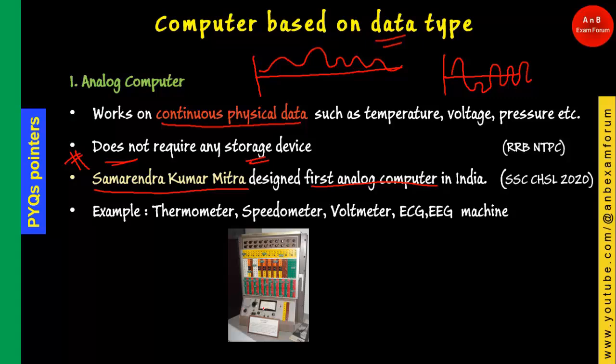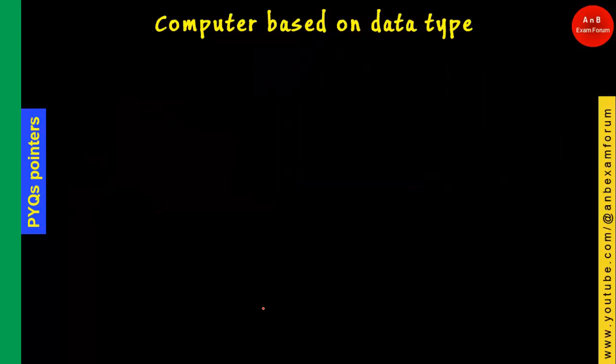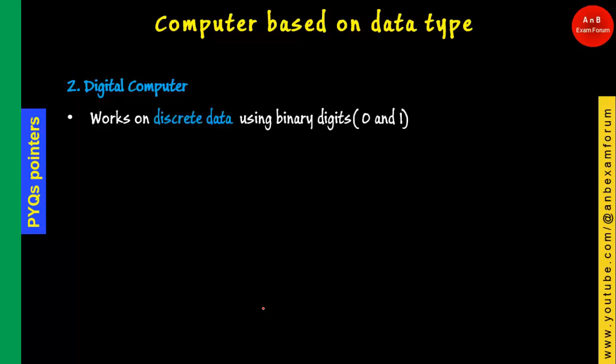Coming to the next type, that is digital computer. In case of analog computer, it is a continuous physical data as an input, but here it is a discrete data. Discrete data means the data will have binary digits. Again, this discrete data is based on the analog input, but we are quantizing it, like whether it is a 1 based on the voltage level itself.